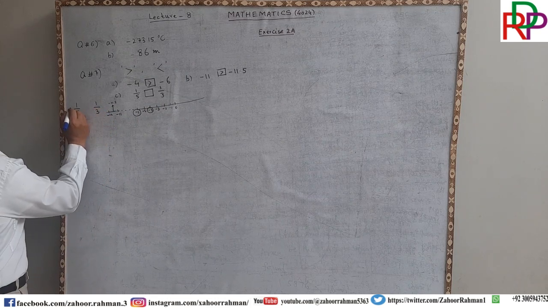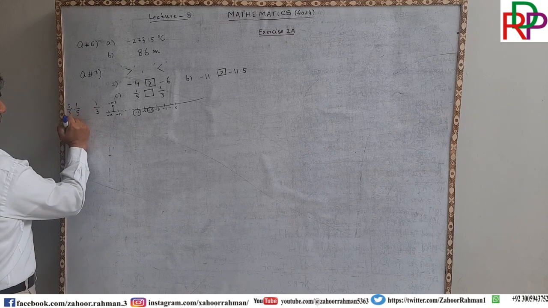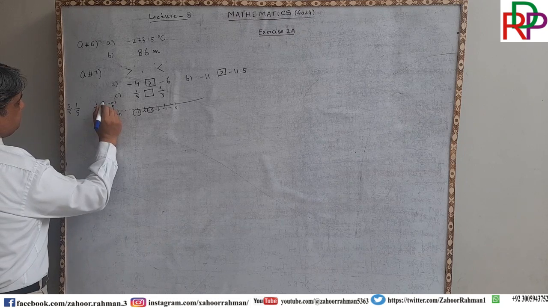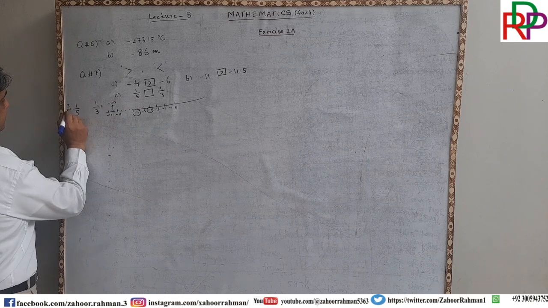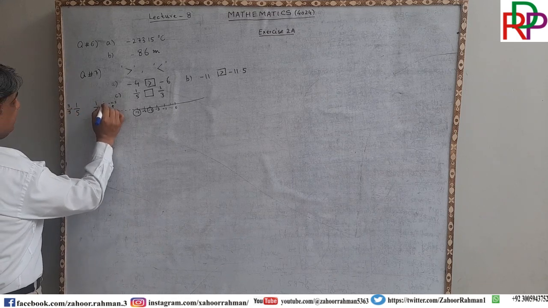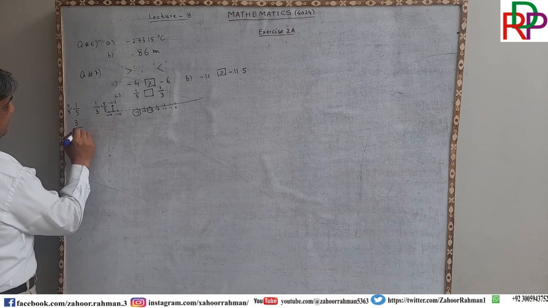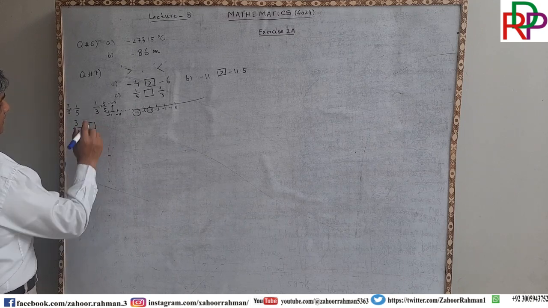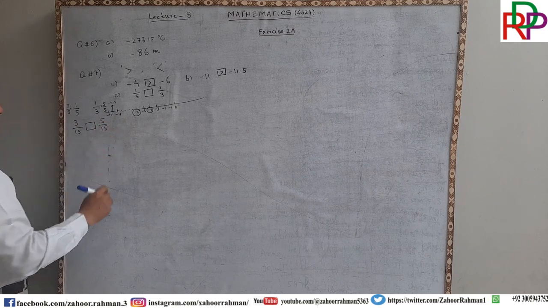If we multiply this by 3 over 3, and this side by 5 over 5, so 3 ones are 3 and 3 fives are 15, and then the box, and 5 over 15.